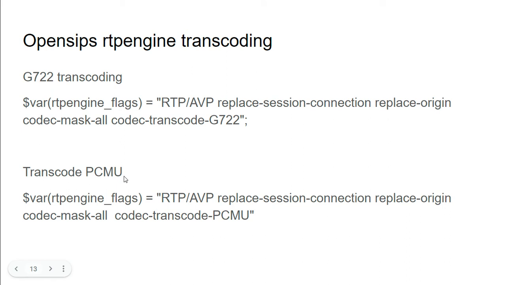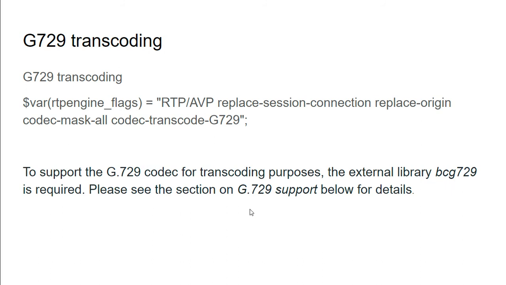What this will do is remove all the codecs from the incoming invite and add PCMU, and it will only offer PCMU to the B party, and the A party can continue with any of its preferred codecs. Similarly, you can do G729 transcoding if required.